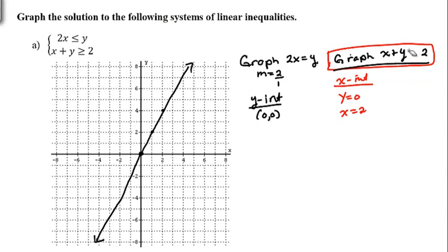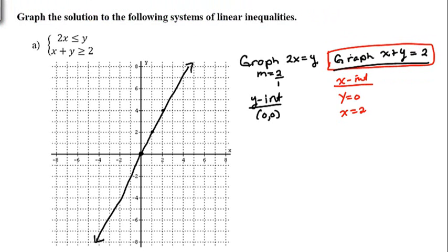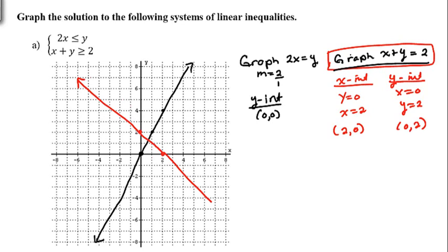Sorry, this should be the equation, not the inequality. And then for the y-intercept, we set x equal to 0, and that gives us y equals 2. So we have the two points (2, 0) and (0, 2). Again, this one gets graphed with a solid line because it has the equal sign in it.